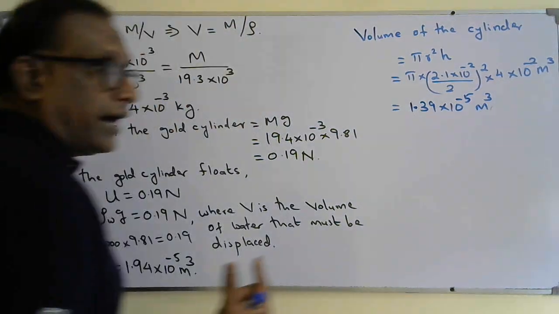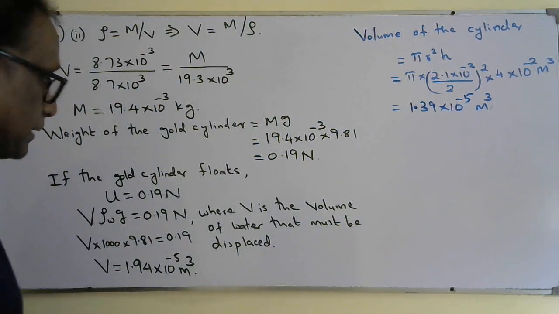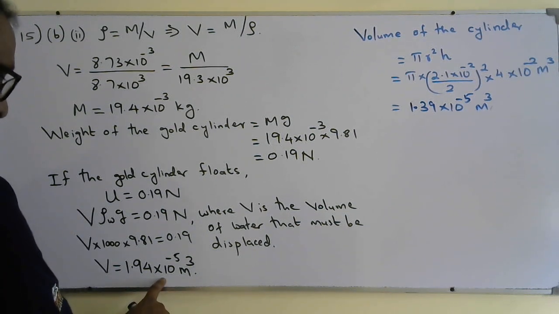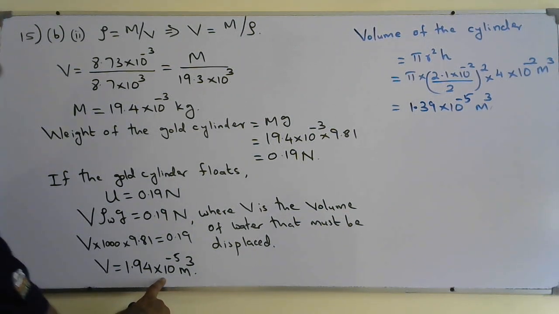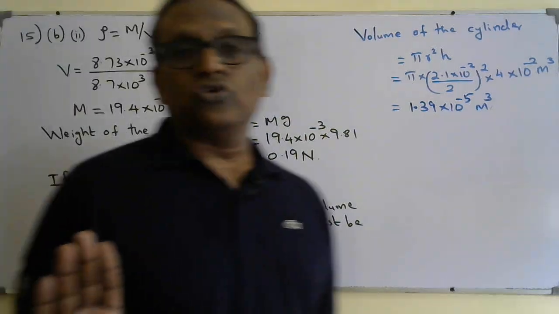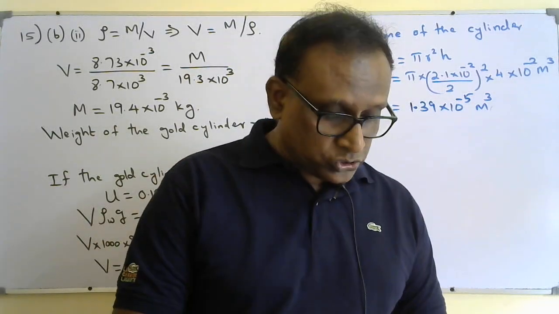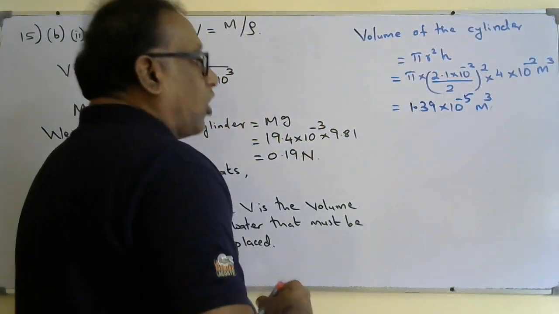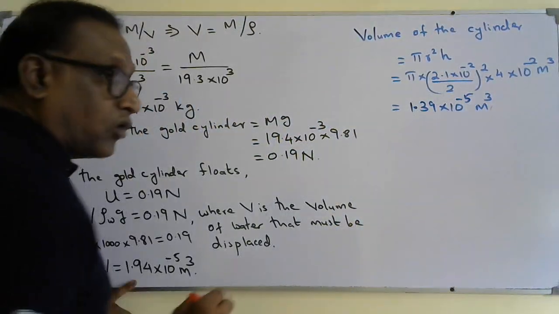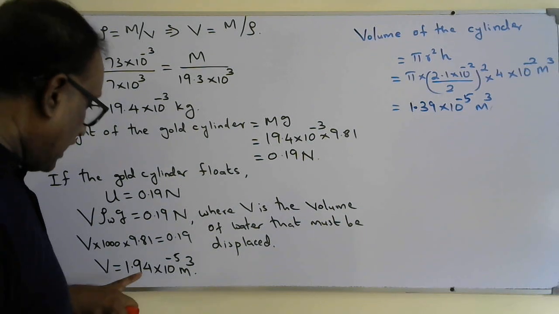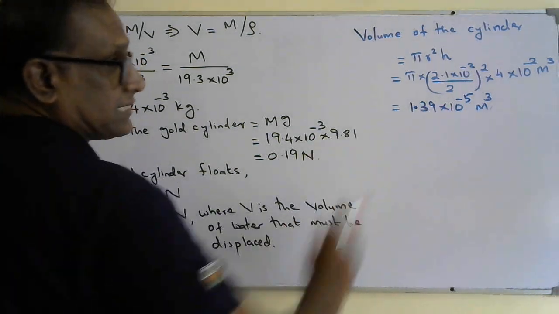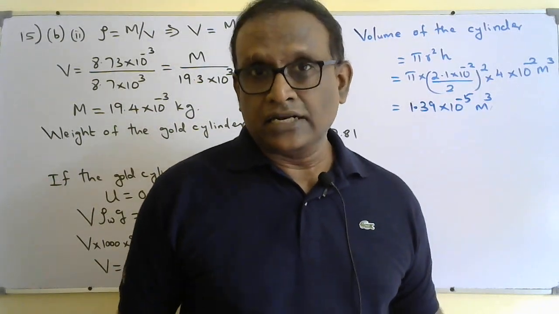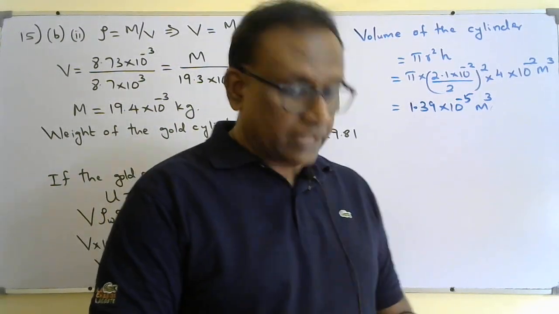So the required water to be displaced in order to float the cylinder is 1.94 × 10^-5 meter cube. So this cylinder never floats inside water. So you should give that conclusion. The volume of the water that should be displaced is larger than the volume of the cylinder. The required water will not be displaced in order to float the cylinder.